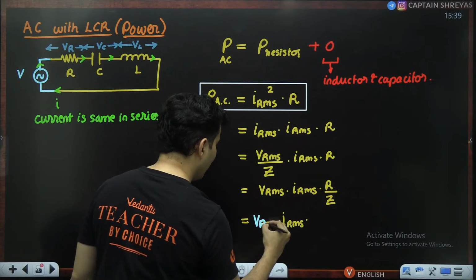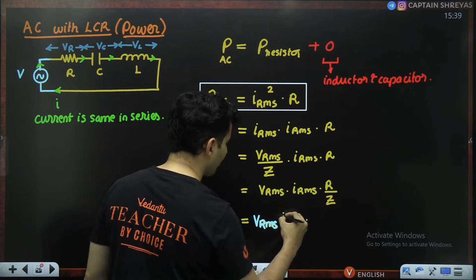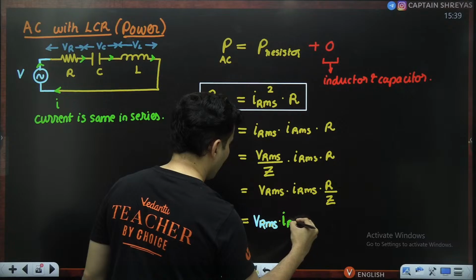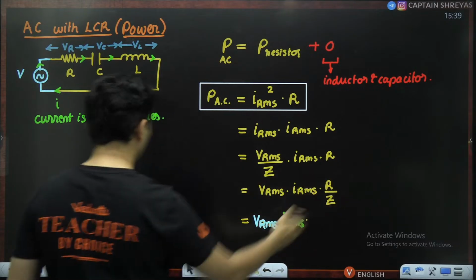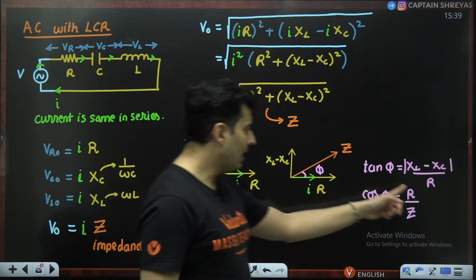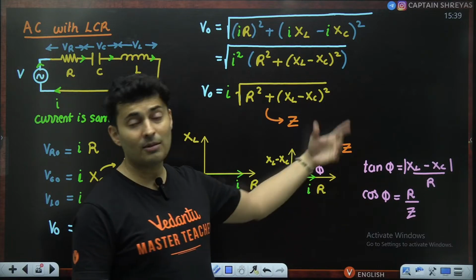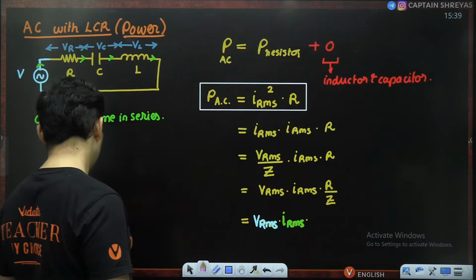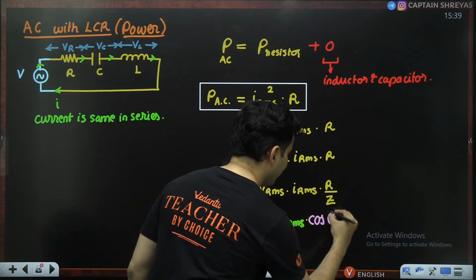You can go back in your notes and quickly see what R by Z is going to be. Come on, my dear warriors. I think we did it just over here. R by Z is just going to be adjacent by hypotenuse, which is cos phi. Yep, perfect. So this is going to be cos of phi.